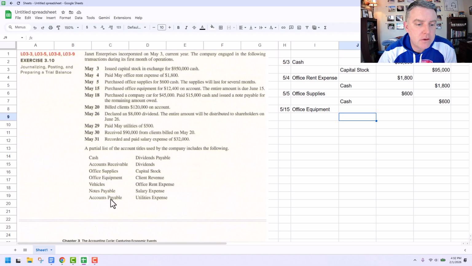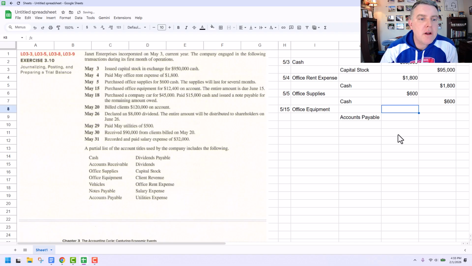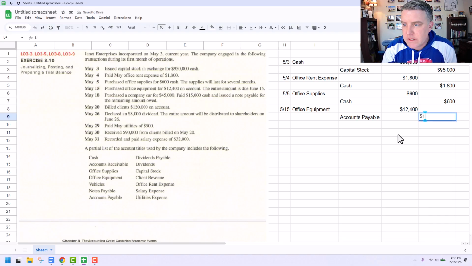So we're going to use accounts payable, and that's a liability for amounts that we owe to suppliers, so $12,400. If they didn't say on account, we could assume they paid cash, but because they say on account, that's telling us they're paying later, so they have a liability.